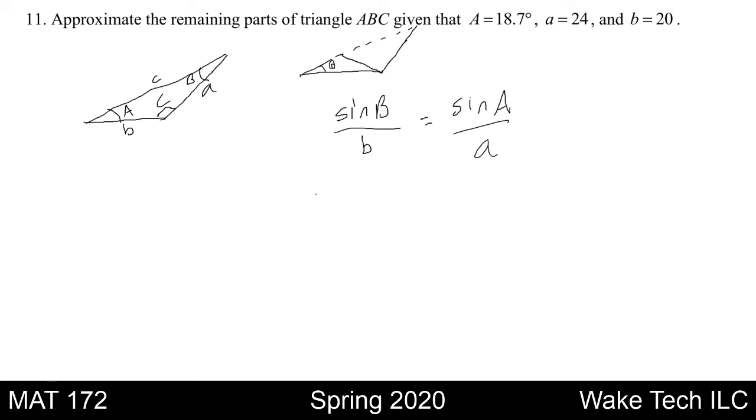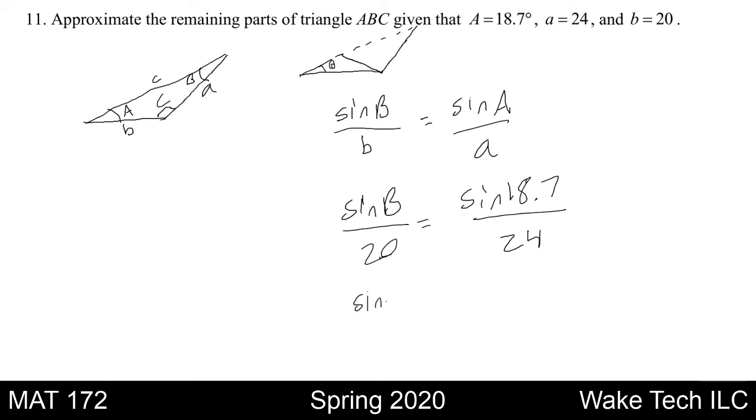That is sine of B, that's the one we're trying to find out, so we can't fill in that one, but we can fill in 20 down here, sine of 18.7 over 24, and then that tells us that sine of B is equal to 20 over 24 times sine of 18.7, just shuffling some terms around, gotta multiply by the 20. I did shuffle around the fraction as well. It should be the same thing, just an aesthetic choice.